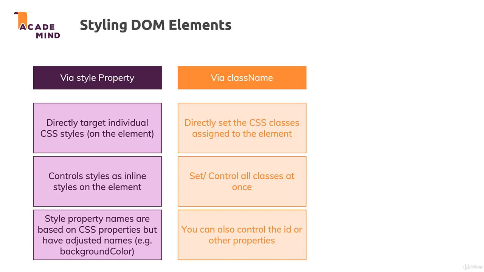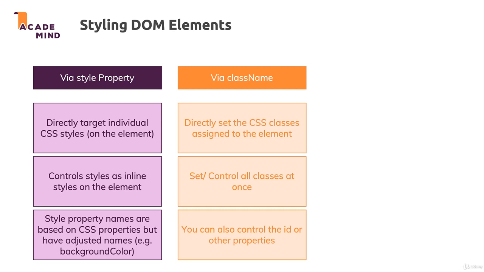Now when it comes to CSS classes, you actually also have another way of editing the classes on an element. className takes one string, which is simply a string of all the classes that should be added. And therefore, if you want to toggle a class there, you have to manage it manually, that you keep classes which you don't want to remove and only remove the classes that you want to get rid of.